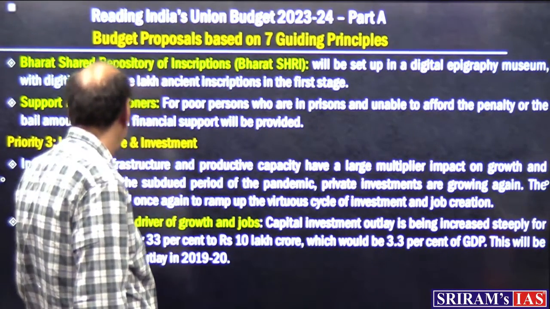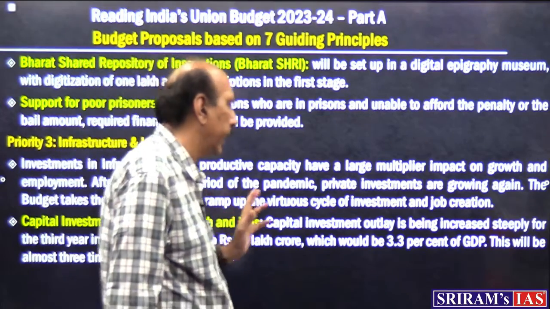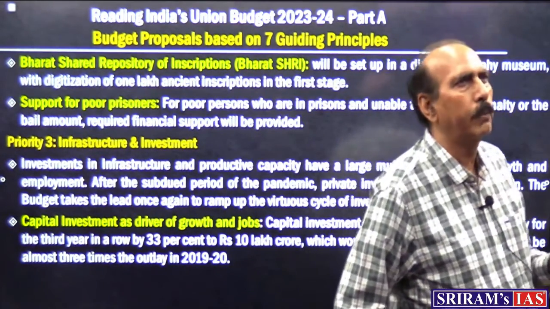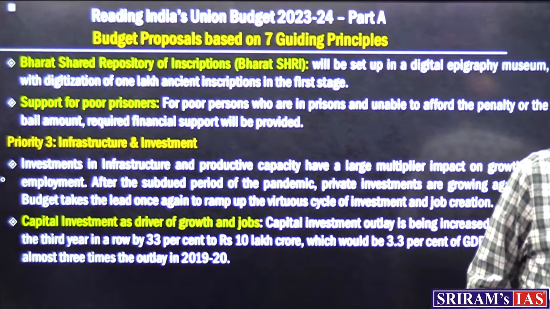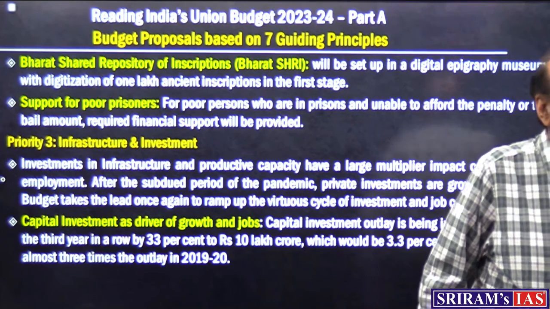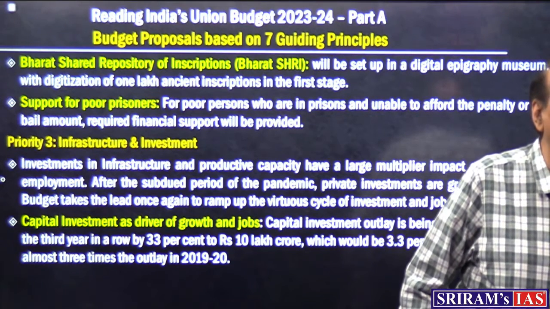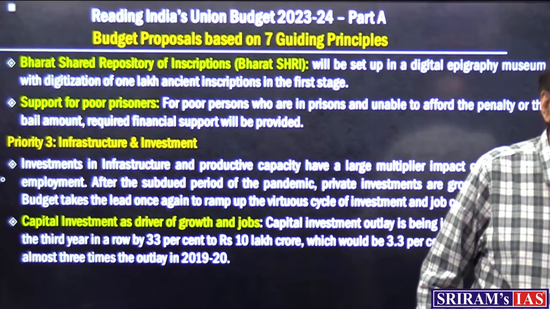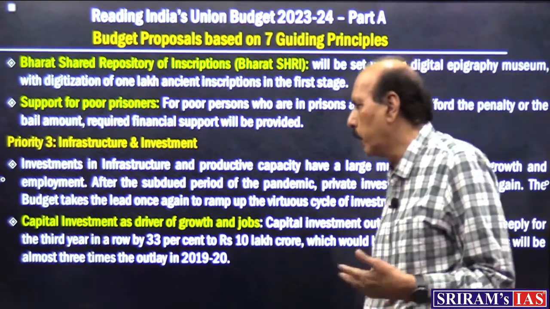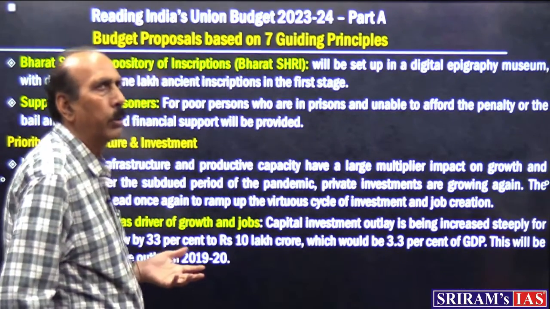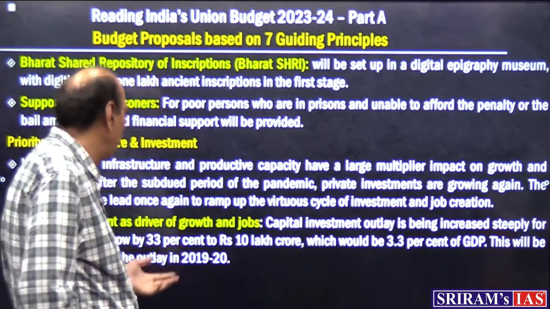As I said, the government has decided to raise the capital expenditure from 7.5 lakh crores last year to 10 lakh crore this year. And out of this 10 lakh crores, 25% will be diverted towards railways. 2.4 lakh crores will be diverted towards railways, particularly to complete the pending projects so that connectivity can be improved.